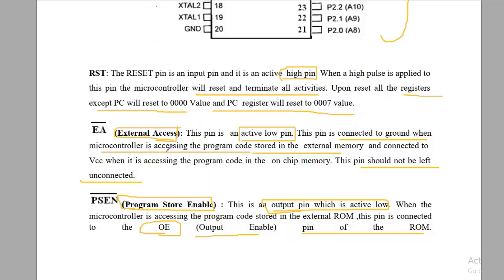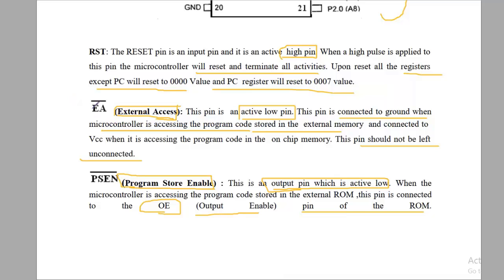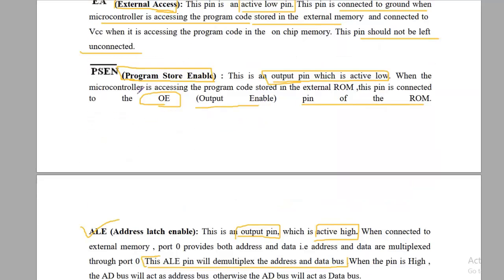Next is the external access, EA, which is generally set to low. This pin is connected to ground when the microcontroller is accessing the program code stored in the external memory. Whenever it is accessing the program stored in external memory, it will be set to 0. Next is the program store enable, PSEN, which is an output pin that is active low.